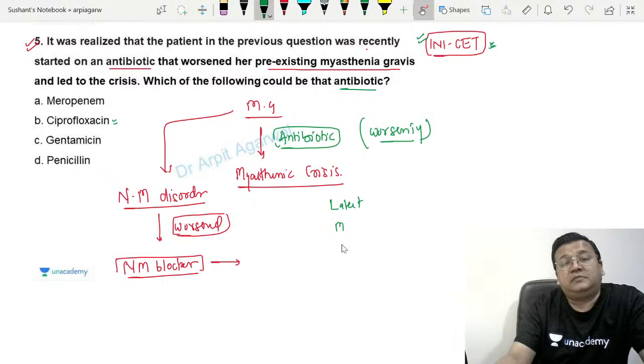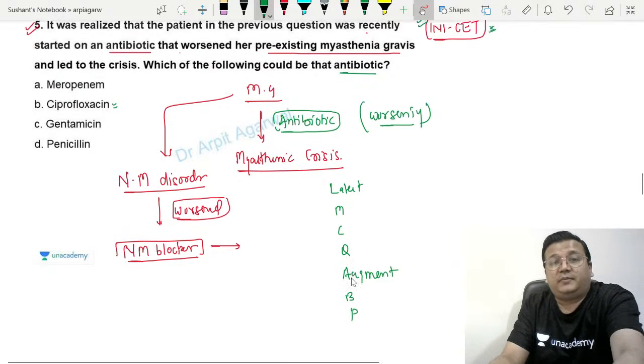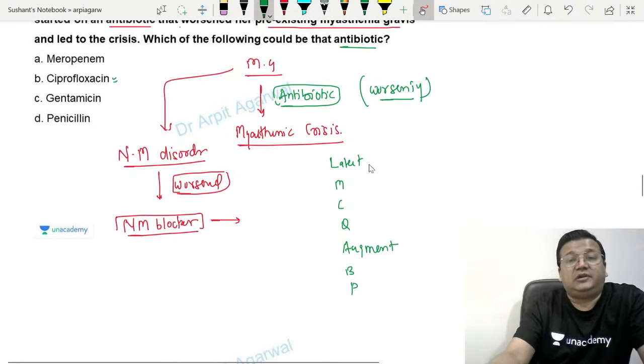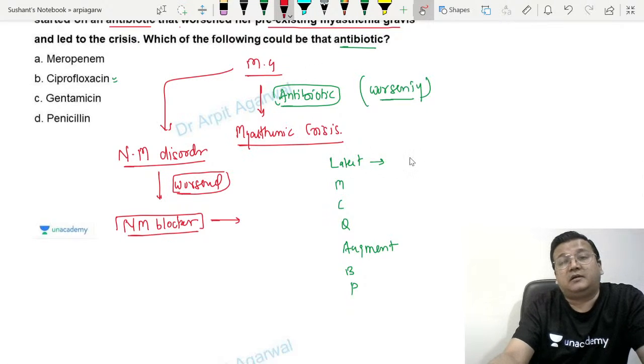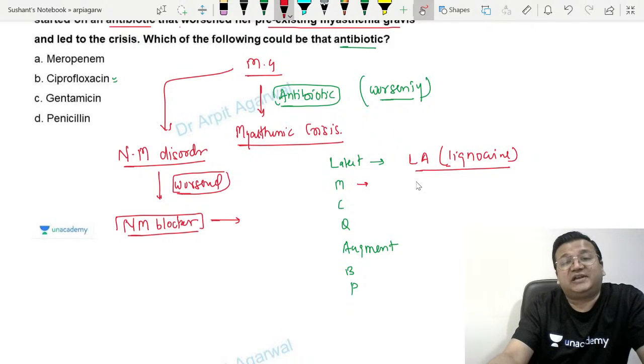Latest MCQs come in exam, they augment your blood pressure. So, which drugs worsen myasthenia gravis? Please remember, L: local anesthetics like lignocaine. Yes, Maitri, you are on the money. M stands for macrolide antibiotic.